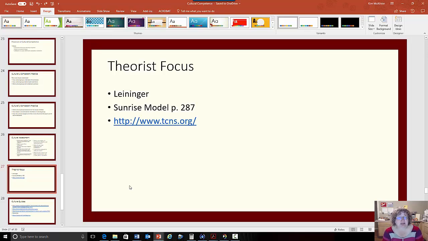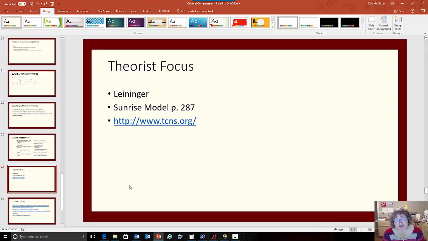I've already spoken a little bit about Leininger, and in your book on page 287, you'll see the sunrise model. This is not a theory, it's a model that will help you operationalize the theory. You can see at the very center, towards the very bottom, is the optimal state of well-being.